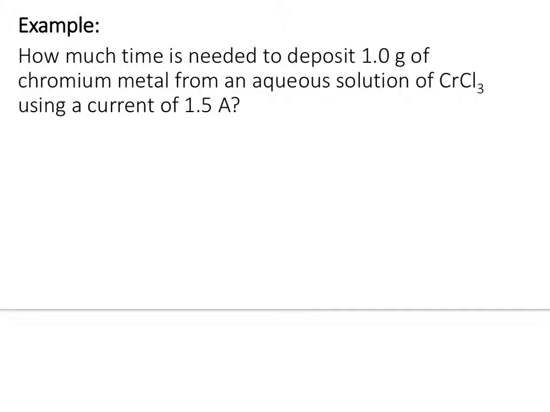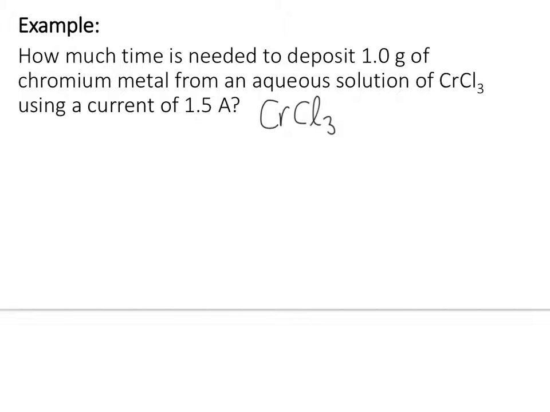All right. So in this case, we're using chromium metal and chromium chloride. The thing you have to notice is that we don't have any reaction on our sheet using chromium chloride. However, we're somehow trying to go between chromium metal and chromium chloride. Notice they said aqueous solution. Aqueous solution typically implies that ionic compounds are going to split up.